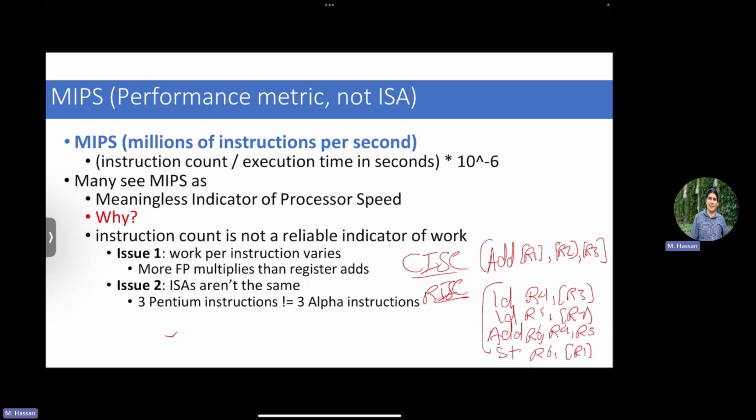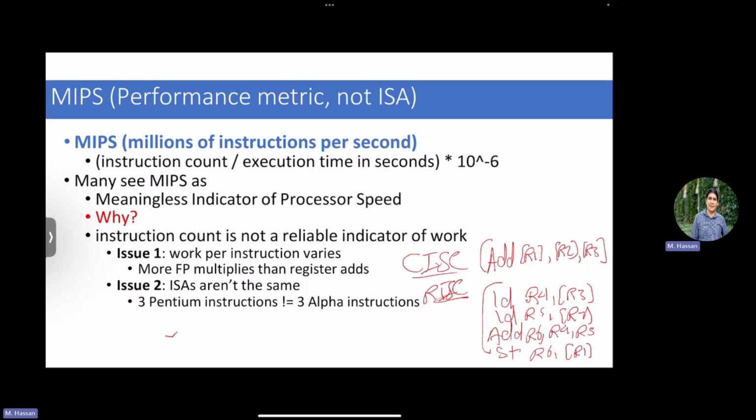The reason for this is, well, first of all, ISAs are different from each other. And we had the discussion about CISC versus RISC, x86 versus MIPS, for example, or ARM, where one instruction from Intel can be translated into tens, or 10 or 20 in the worst case, for a RISC instruction set. So it's not an apple-to-apple comparison. But also within the same ISA, not every instruction is doing the same amount of work, right?